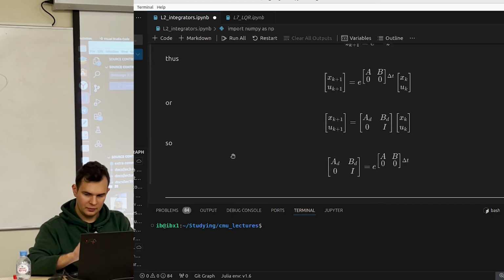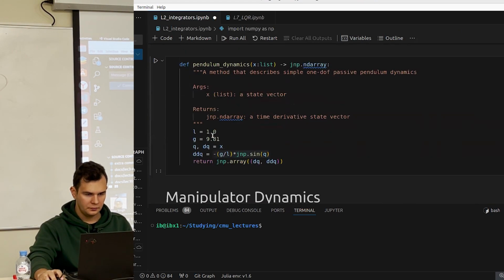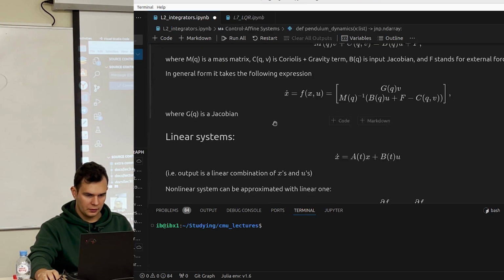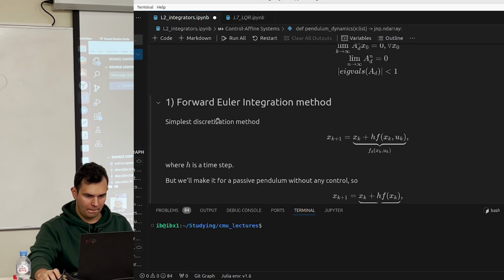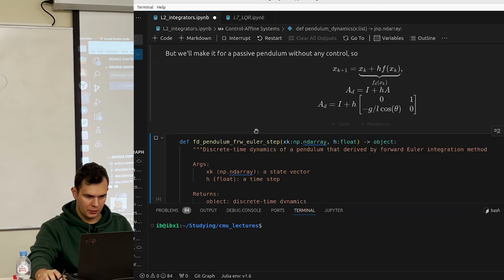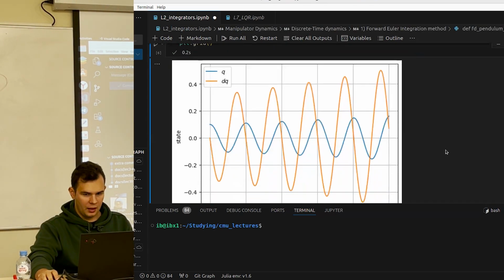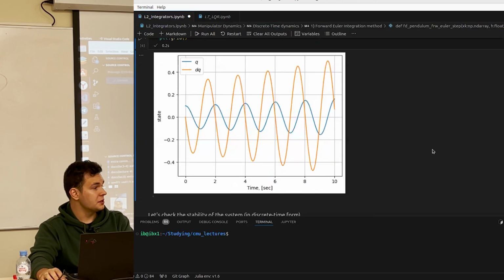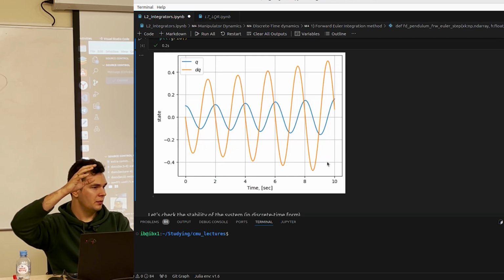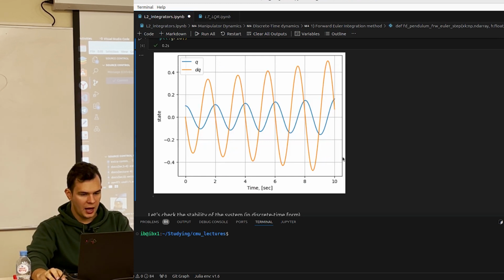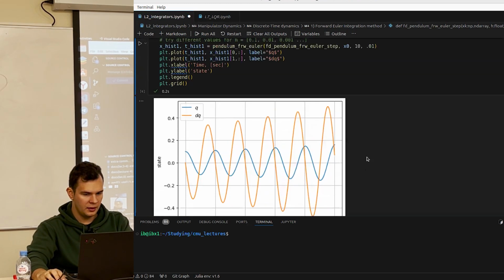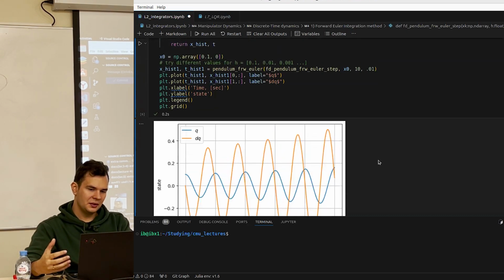Boom. Yeah, and you can see a plot of the velocity and acceleration, and you can see that it blows up. And it blows up because of the inherent behavior of the forward Euler system.